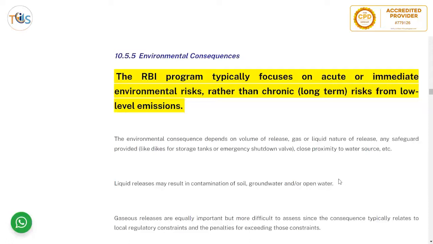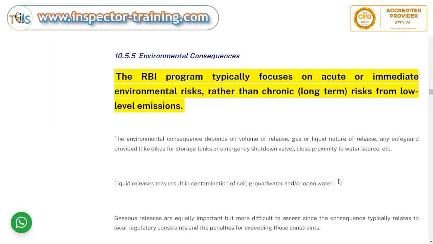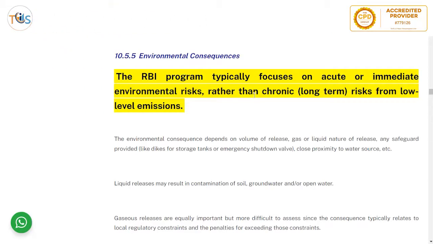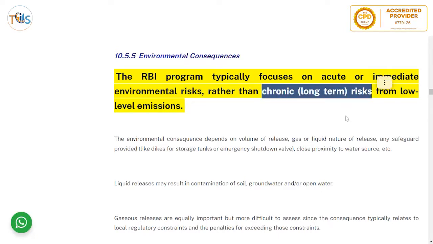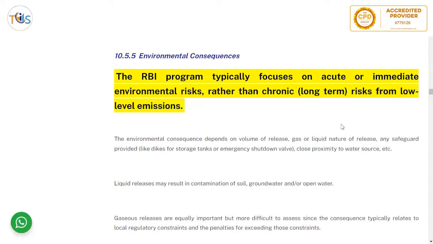Environmental consequence: the RBI program typically focuses on acute or immediate environmental risk rather than chronic long-term risk from lower level emissions. So this can be a potential exam question: RBI focuses on acute or immediate environmental risk, not long-term risk, because long-term risk is very difficult to establish and identify.